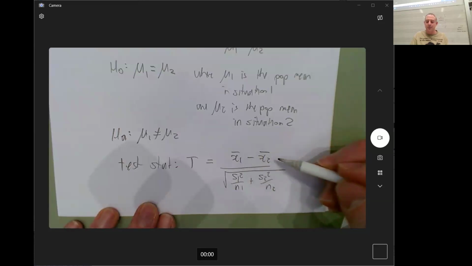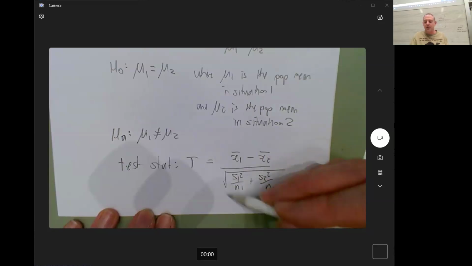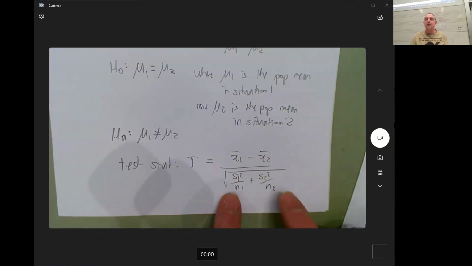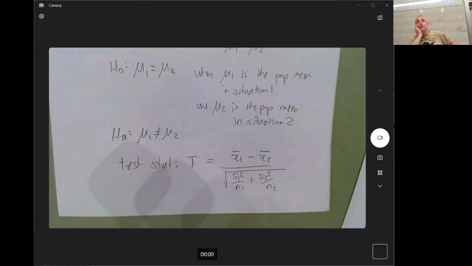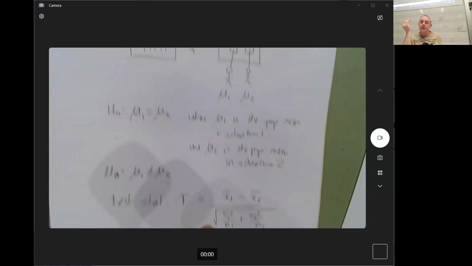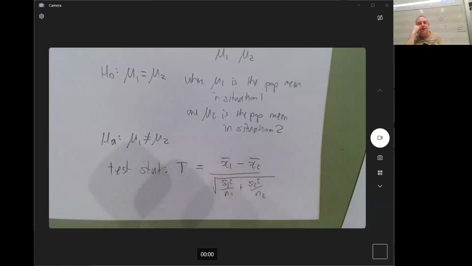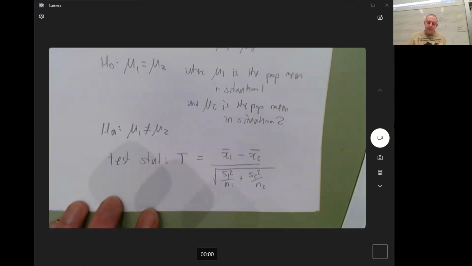So x1 bar minus x2 bar, over the square root of s1 squared over n1 plus s2 squared over n2, where n1 and n2 are the sizes of the two groups, and s1 and s2 are the standard deviations of the two groups, and x1 bar and x2 bar are the means of the two groups. We have to subtract them because the idea is that if the means really are equal, then we should get 0 on average. Because if they are equal, you'll get a 0. So that's the idea.